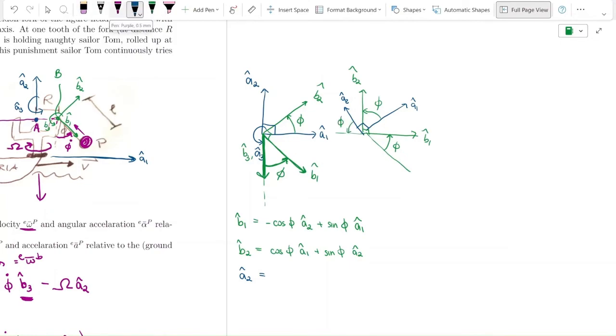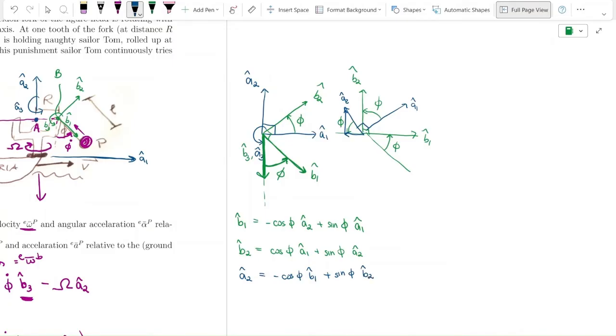Okay, now we can write A2 hat as going along this way. That's equal to negative cosine phi B1 hat, because it's going in the opposite direction of the B unit vector. Then we also go up sine phi, so plus sine phi B2 hat.